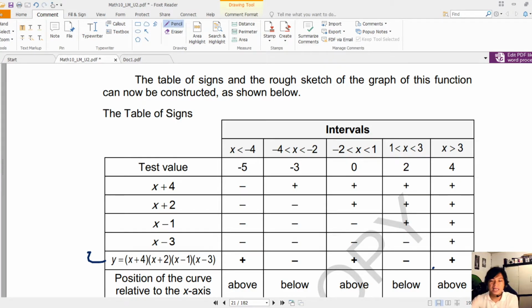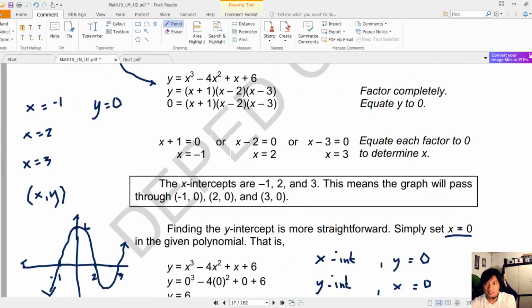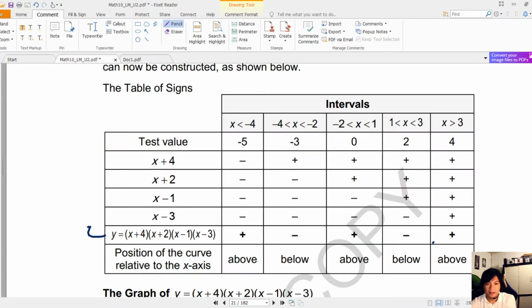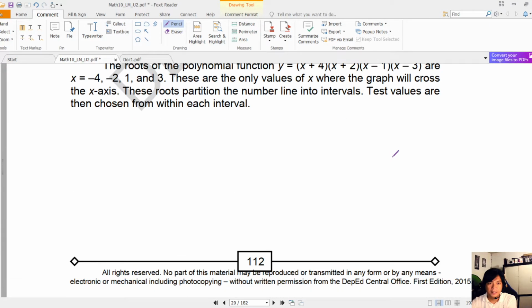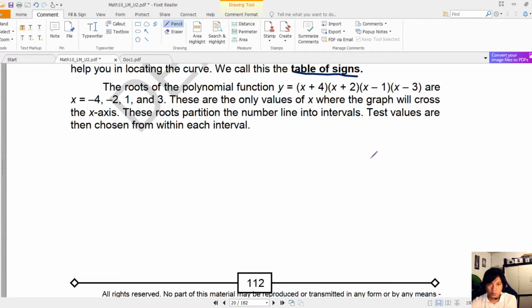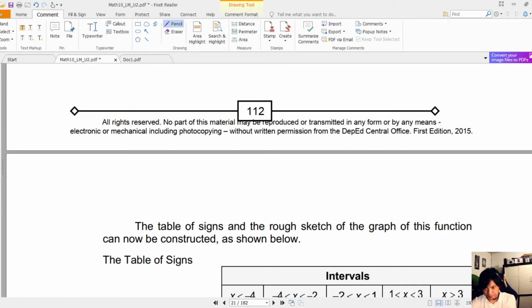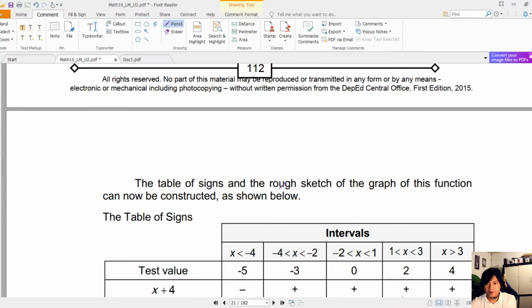So, kanina, na-enumerate lahat ng ating roots. Sana yung mga roots natin. The roots are negative 4, negative 2, 1, and 3. Now, to know the intervals, we have first to have the number line.